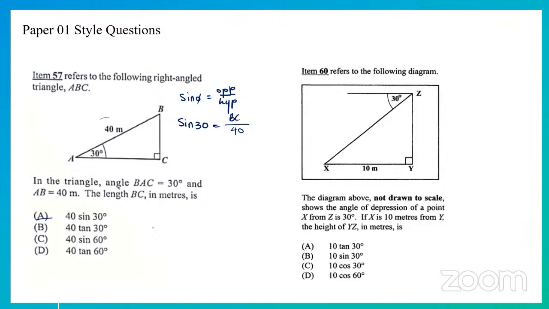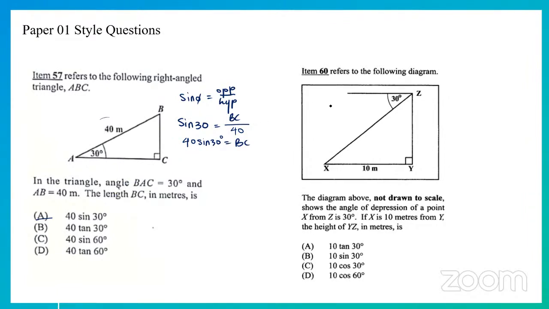So here, sine 30 equals BC over 40. We can bring over that 40 here. We're dividing here, so we're going to multiply on this side, and that's going to look like 40 sine 30. All right, so just an explanation of how this is your answer, 40 sine 30 degrees.